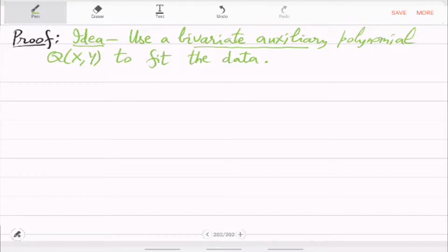Okay, and then once you have this Q, the auxiliary polynomial, you factorize it, and the factors will magically give you the list.